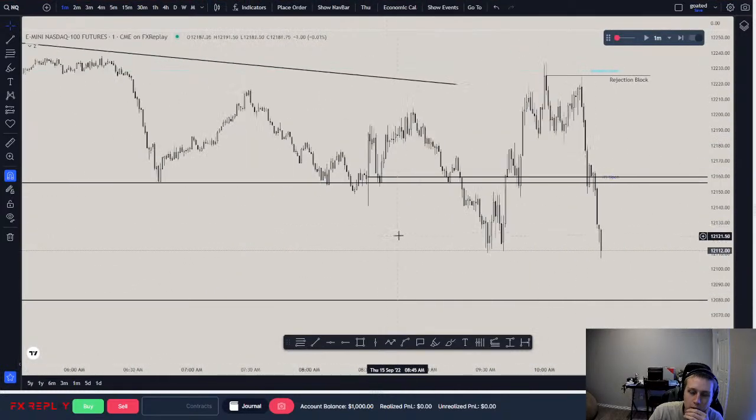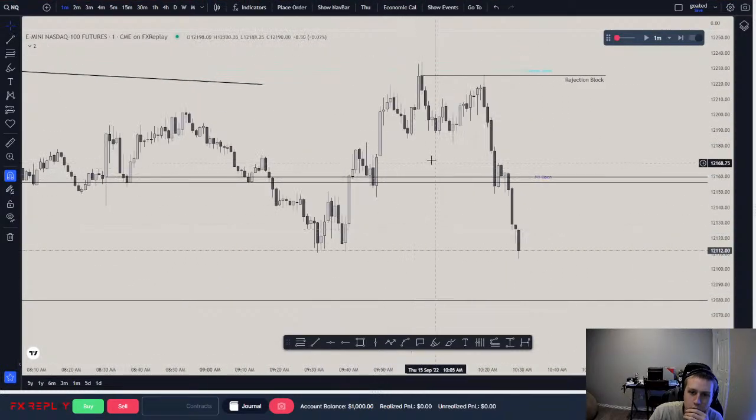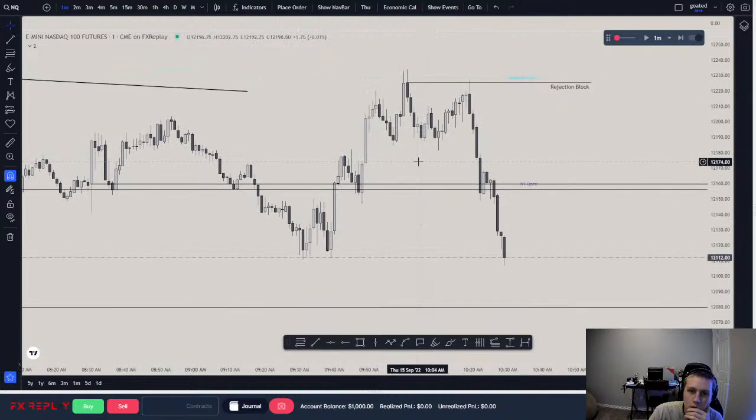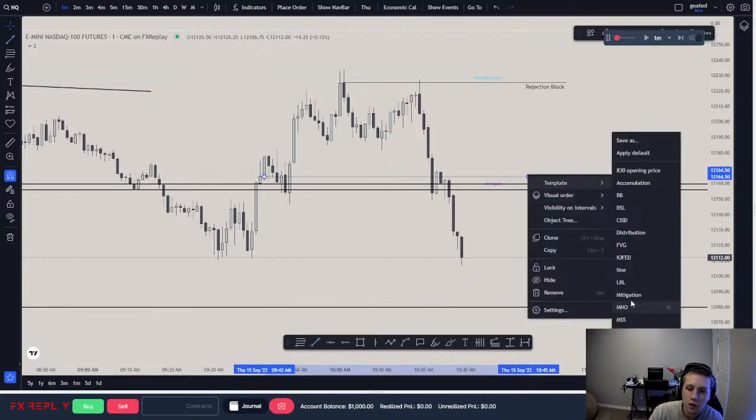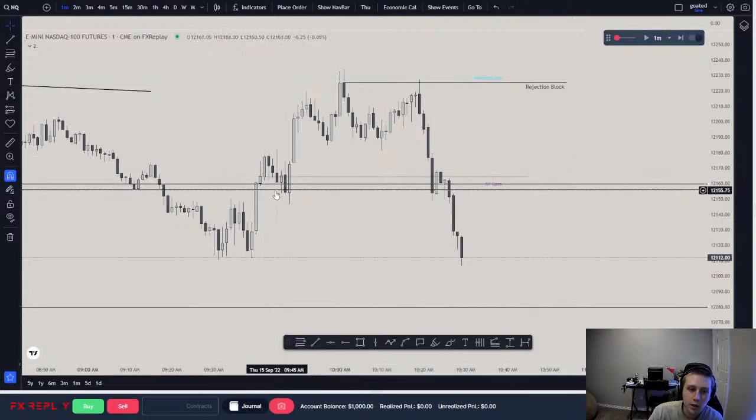Then now we're able to sell back off to these lows. Fair value gaps in, fair value gaps out. These don't get traded back to. Oh, this is a nice example of a reclaimed order block. Reclaimed order block right there.